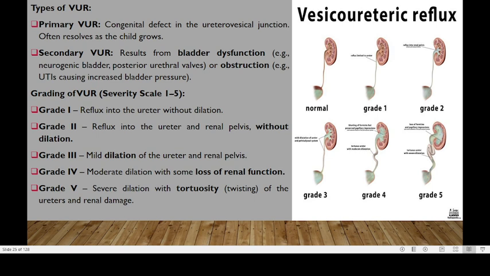Grade 4, we have mild dilatation with loss of renal function. And grade 5 is the most severe one. There is severe dilatation with twisting of the ureters and renal damage. Remember, twisting of the ureters is what we refer to as tortuosity, right?